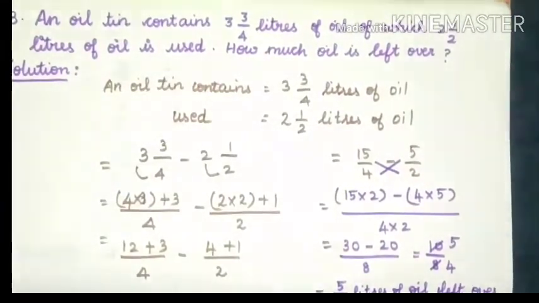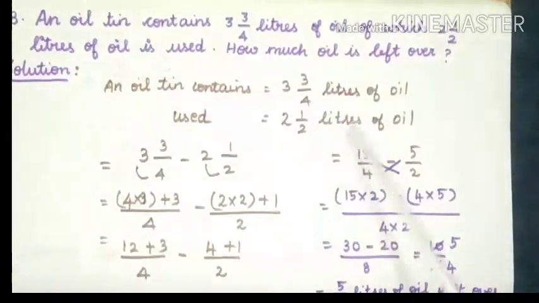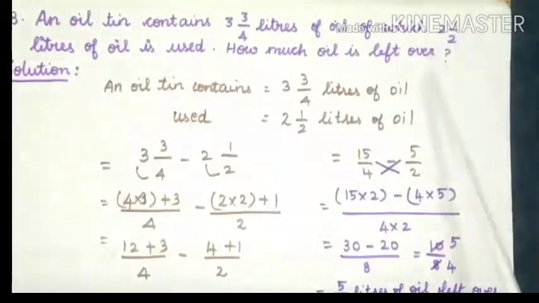Students, is it clear? In that question, they are asking to find how much oil is left over. Here the oil tin contains a total of 2 3 by 4 liters of oil. In that, they used 1 1 by 2 liters of oil. We have to find how much oil is left over. For that, we have to subtract these two fractions.